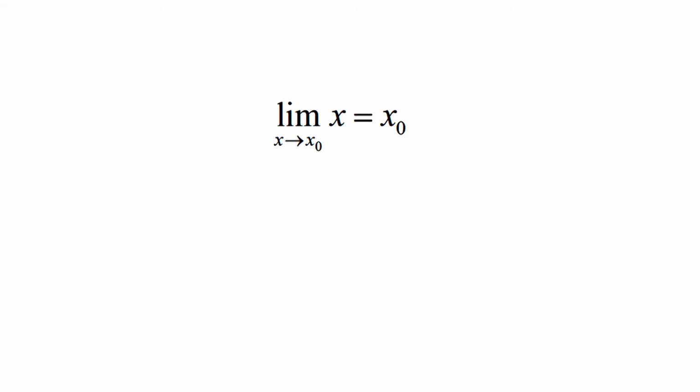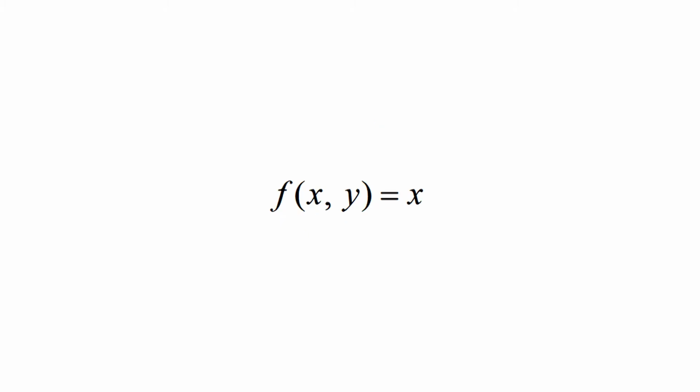From the limit of functions of one variable, we know that the limit as x approaches x₀ of x is equal to x₀, and if k is a constant, then the limit as x approaches x₀ of k is equal to k. Now, we consider f(x, y) = x. Then f is a function of two variables, but the variable y is absent.